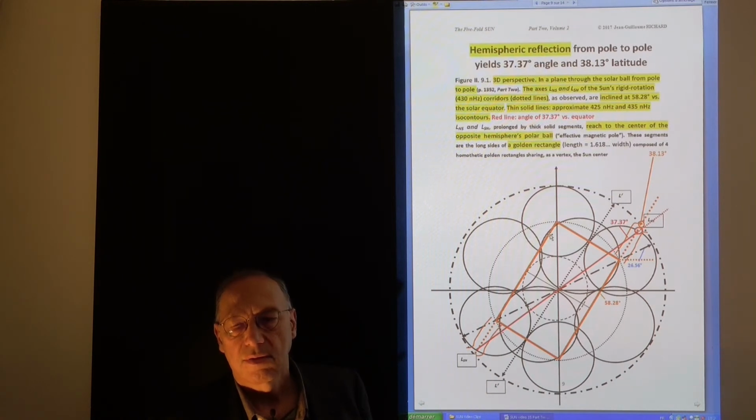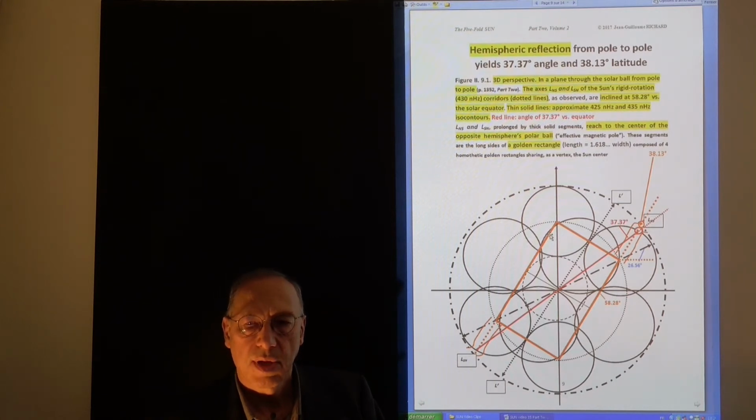It is a golden rectangle in as much as its length is 1.618 times its width. So icosahedral geometry seems to determine the inclination of the rigid rotation corridor and the latitude at which it arrives at the solar surface.